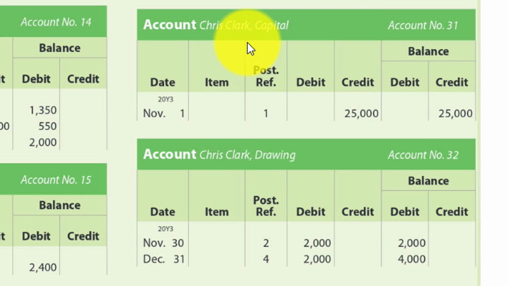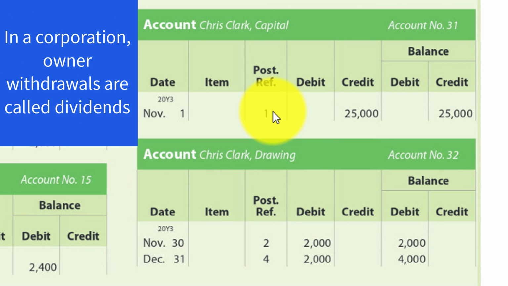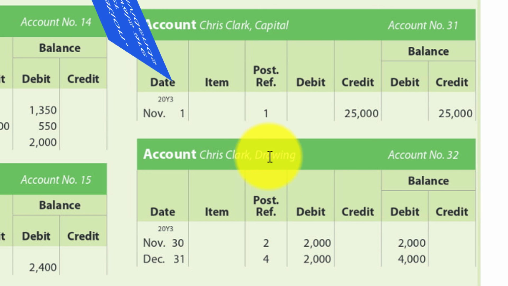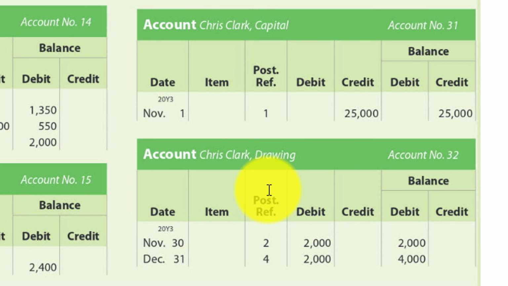That is all the money he has contributed to the business. And Chris Clark drawing. That is all the money that he has taken out of the business. So in other words, dividends to himself. They kind of add these 2 accounts together, and that would be their retained earnings. Now, I would probably always refer to it as retained earnings.